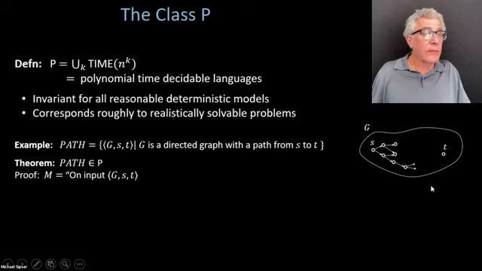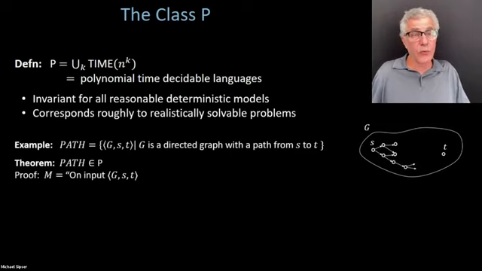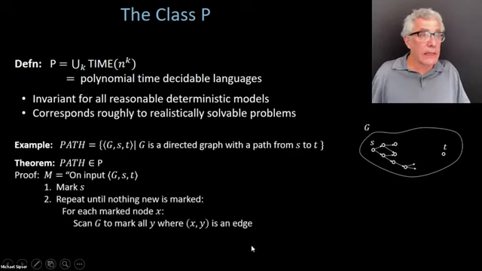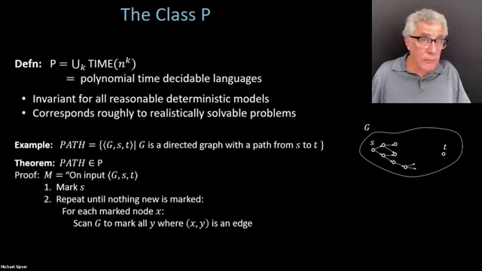Any of the standard searching algorithms would work here, but for completeness' sake, let's include the breadth first search algorithm that we have explored previously when we talked about finite automata. So we'll mark S, and keep repeating until nothing new is marked. We'll mark all of the nodes that were reachable by a single arrow from a previously marked node.